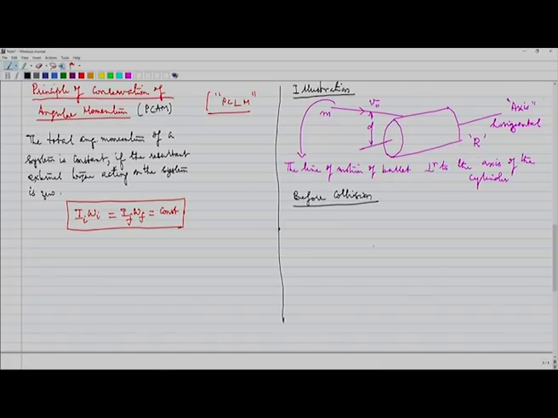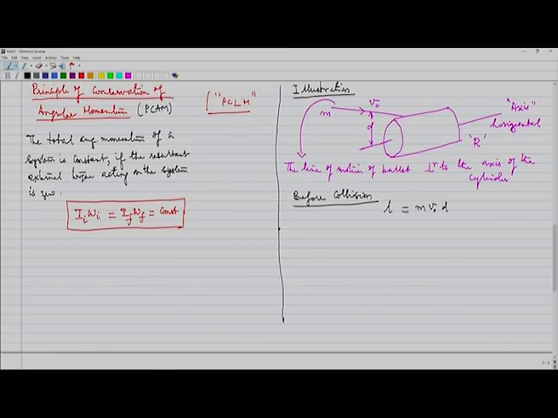Before collision only the bullet alone has angular momentum with respect to the axis of the cylinder, and its value is L equal to M V naught into D. M V naught is the momentum, that into the distance.